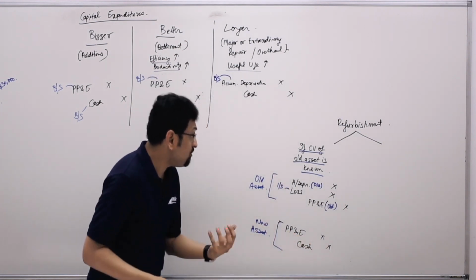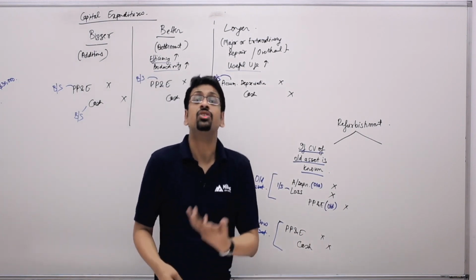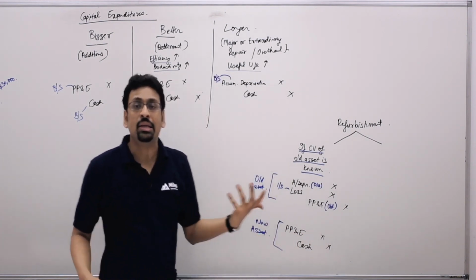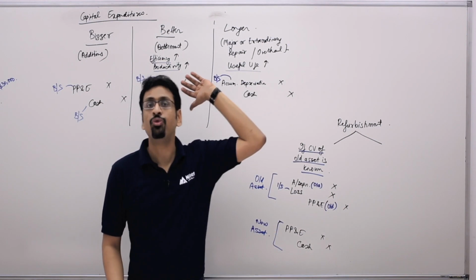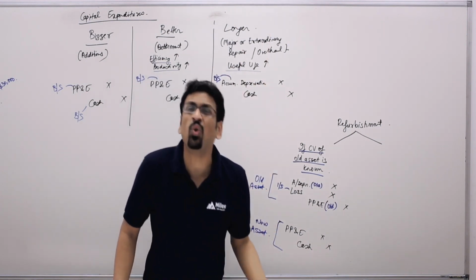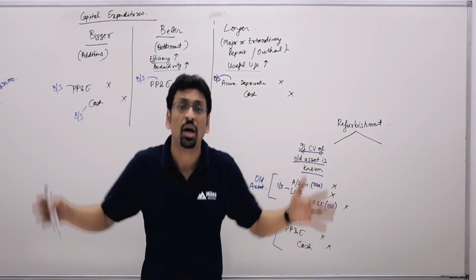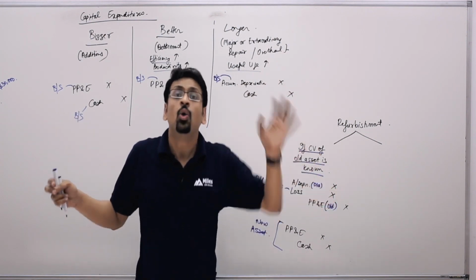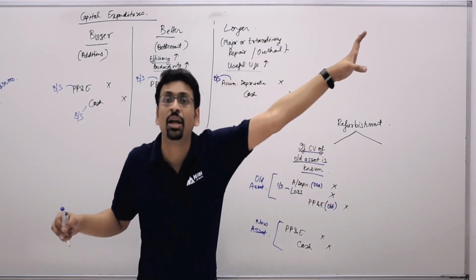Now, if the carrying value of the old asset is not known, let's say we're changing the roofing of our factory shed, and we don't know how much we spent for the roof. We put the value of the entire building together. We didn't have a separate number for the value of the roof.